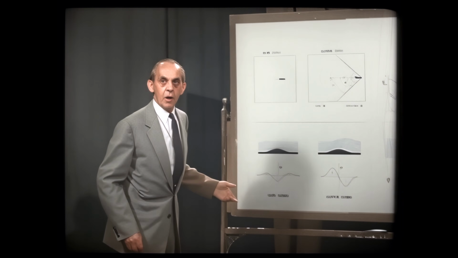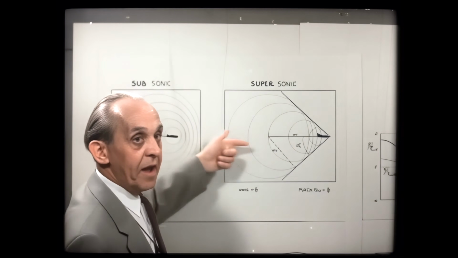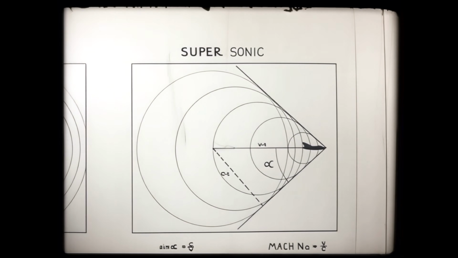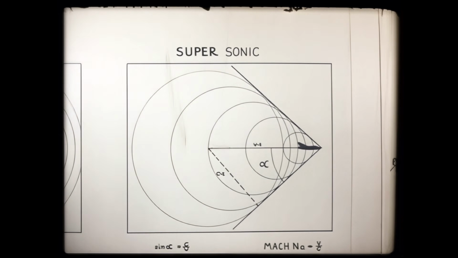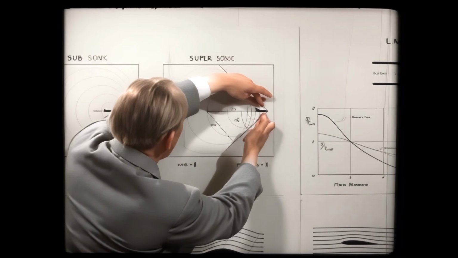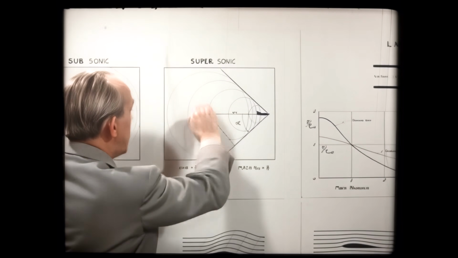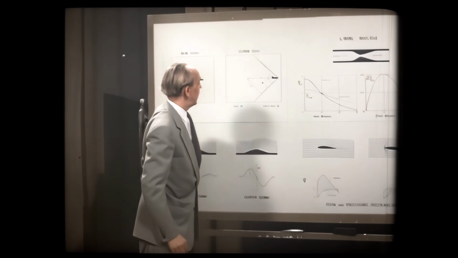But if we think now of a supersonic speed of the airplane, then these waves which go out in circles would not reach any space which is on the sides or ahead of the airplane outside of this cone, which is formed by the pressure waves which are exerted from this airplane flying at supersonic speeds.